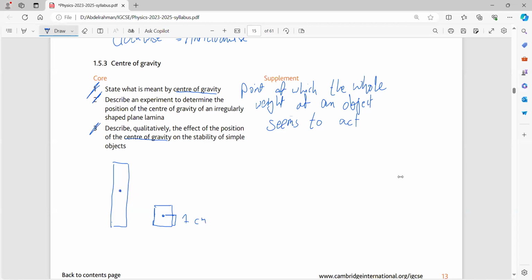But the distance between the center of mass and the ground here is a lot, it's greater. So it would be less stable. Let's say this is 3 centimeters. So as you increase the distance between the center of mass and the surface, what happens? The stability decreases. As you increase the distance, the stability decreases.